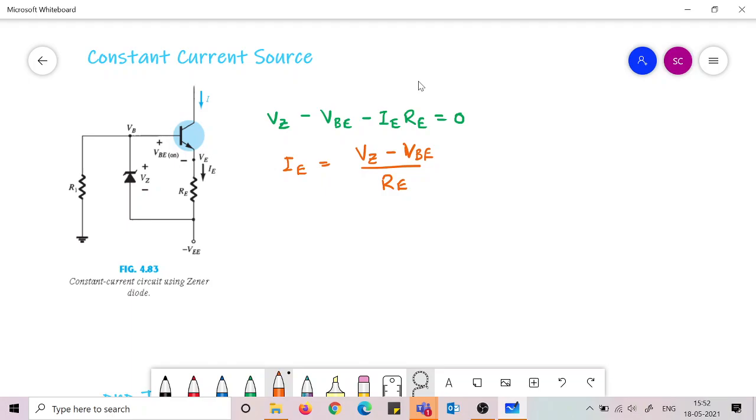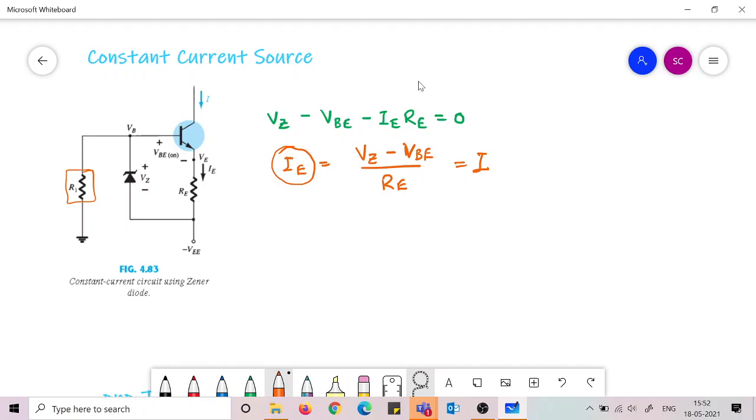This current becomes independent of this resistance R1 in this side. So the potentials VZ and VBE are very fixed potentials, and if you can fix RE, then this current IE is getting fixed, and this IE is equal to the I current, which is the current we desire to drive.